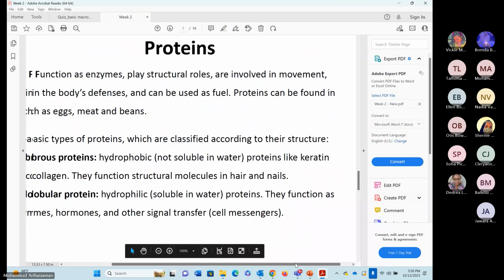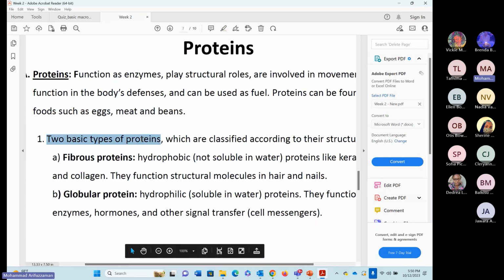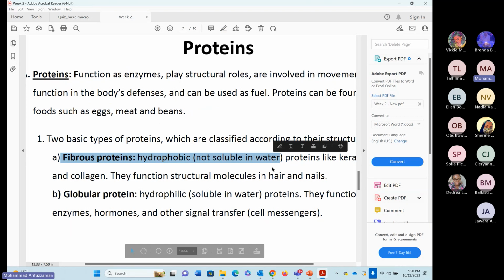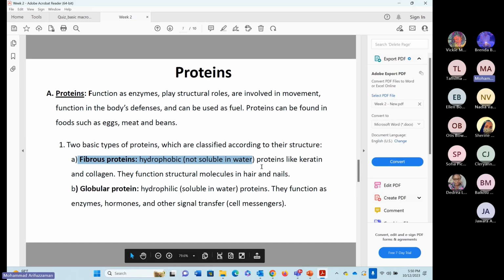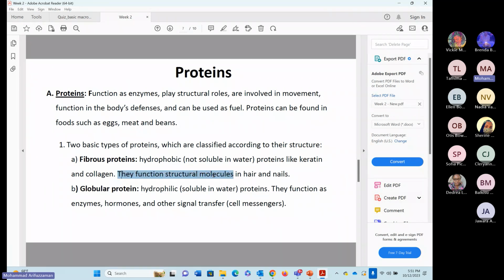Proteins. The two basic types of proteins are the fibrous proteins, which are hydrophobic, meaning not soluble in water, like keratin in the skin and collagen, and they are structural molecules. And the globular proteins are hydrophilic and soluble in water, and they function as enzymes, hormones, and signal transfer.